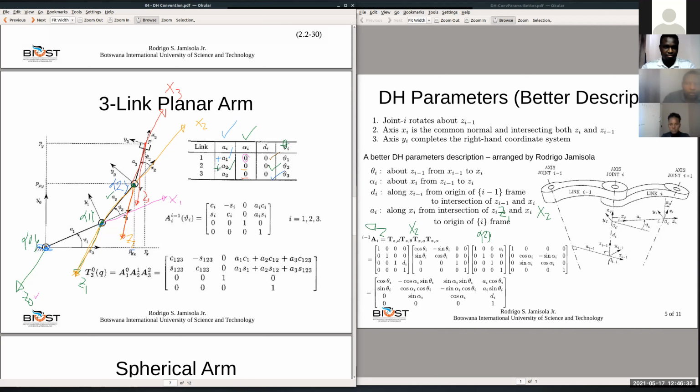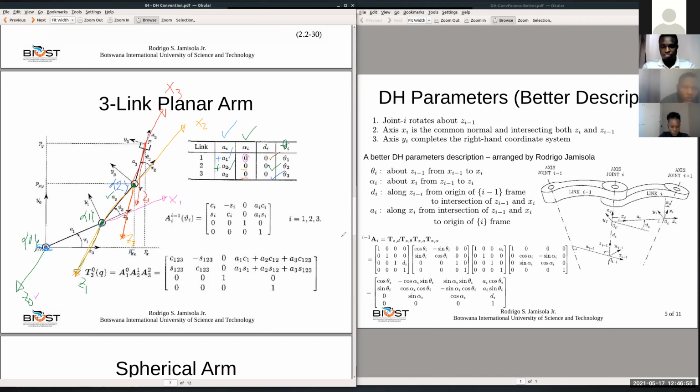Okay, let's continue. Then the last one is A3. So A3, okay, let me delete this. I want a darker color.